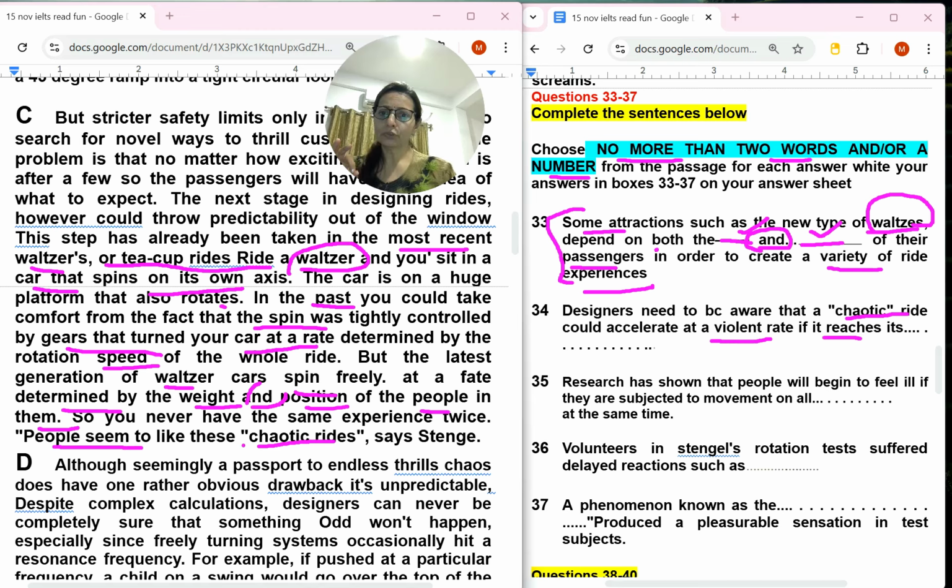People seem to like these chaotic rides. Now we are looking for awareness and violent rate, speed at a violent rate. Although a seeming passport to thrill and endless thrills, it doesn't have an obvious drawback; designers can never be completely sure that something odd won't happen. Let me shift the page first.